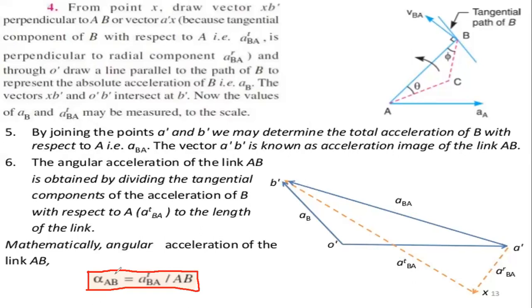So alpha of AB is equal to the tangential acceleration of B with respect to A divided by the length of the link AB. Therefore alpha of AB is calculated, that is, the angular acceleration of the link has been calculated.